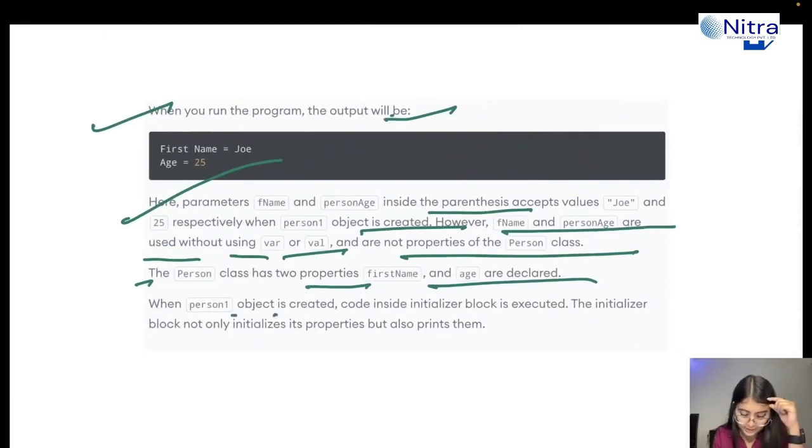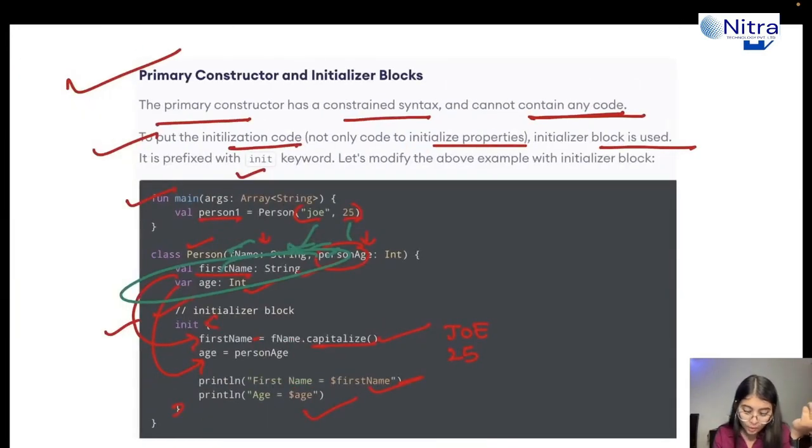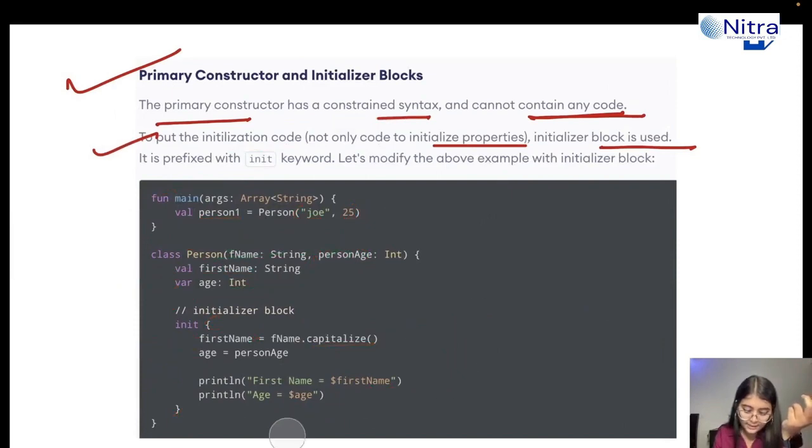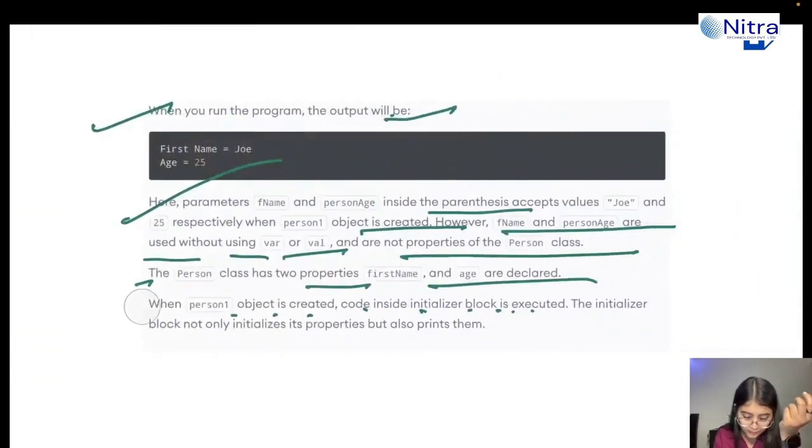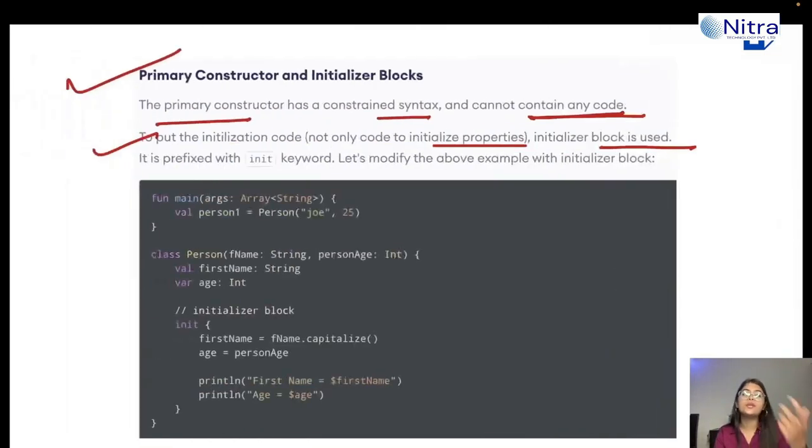And when the person1 object is created, the code inside the initializer block is executed. So if you ask when this init block is executed, it is executed as soon as you create the object of the Person class. The initializer block not only initializes the properties but also prints them.